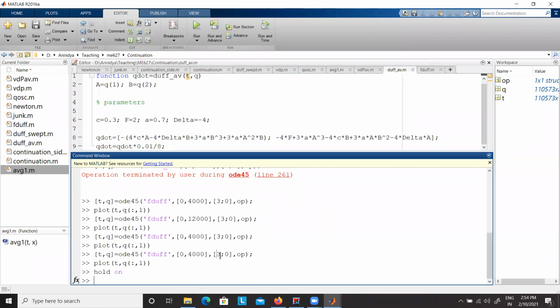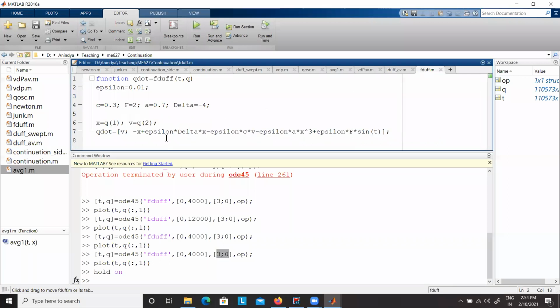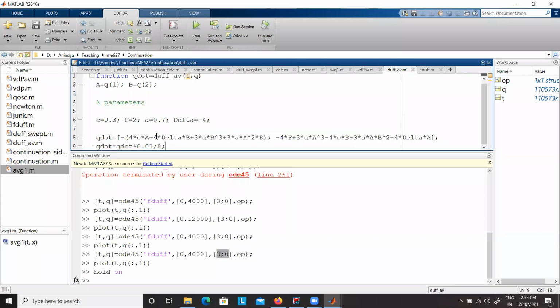And this initial condition where x is 3 and x dot is 0 corresponds to b equal to 3 and a equal to 0. I hope you understand. Epsilon you changed? Yes, I put epsilon at 0.01. Therefore, over here, I am doing 0.01 by 8. I will compare directly, no?